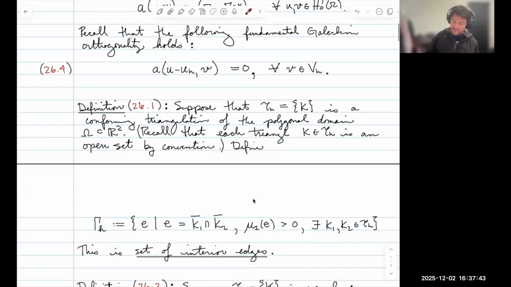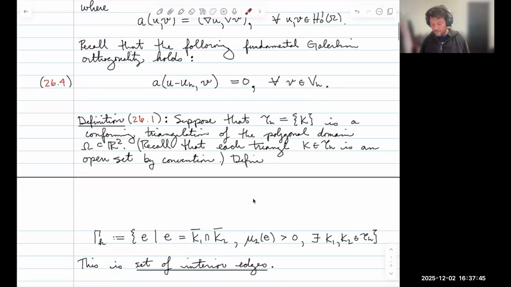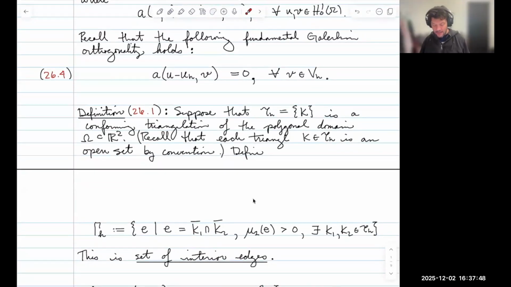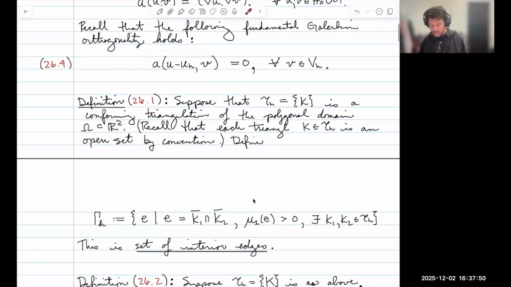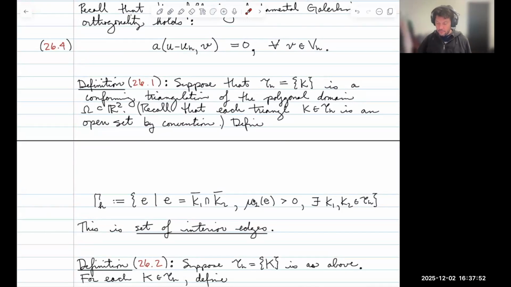Okay, so now we need a few definitions to make our a posteriori error estimates go. We'll start off with the usual constructions. Let T_h be a conforming triangulation of a polygonal domain omega. I want to remind you, because it's going to become important for what we're going to do, that each triangle in our triangulation is considered an open set by our convention. That was a convention we chose at the very beginning of this course.